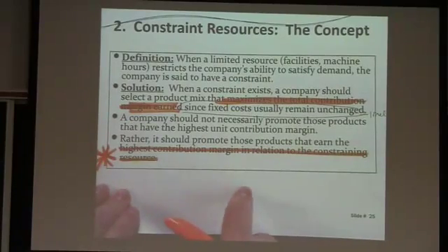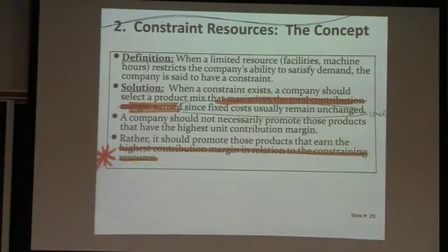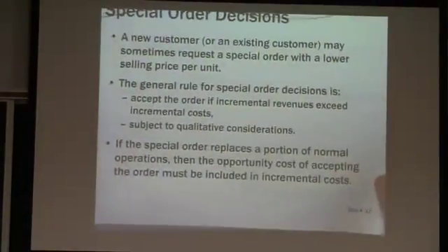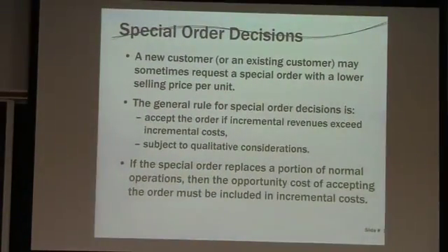When we're calculating which product, A, B, or C, we want to select first, it's not just the contribution margin, but it's going to be the contribution margin based on a constraint resource. Now, the second element of technical knowledge requires us to also understand the special order decision. So when a new customer or perhaps an existing customer sometimes requests a special order with most likely a lower selling price per unit, the general rule is this.